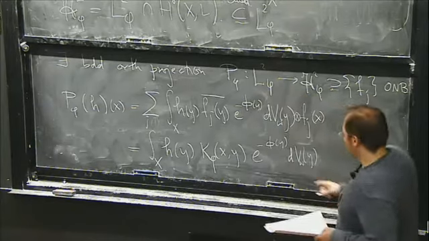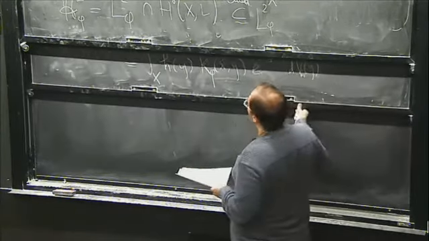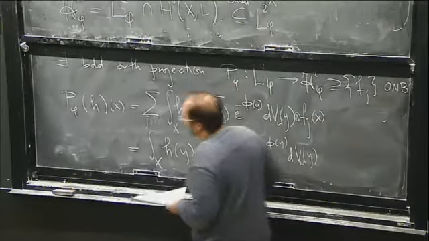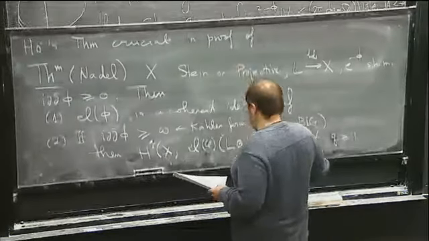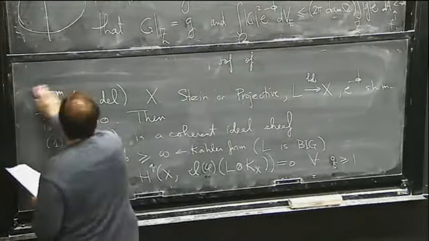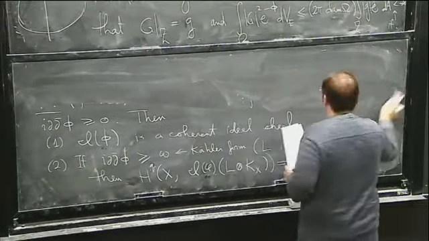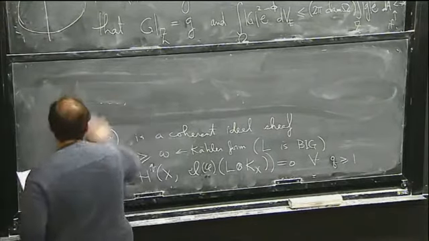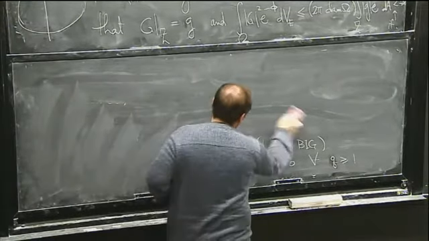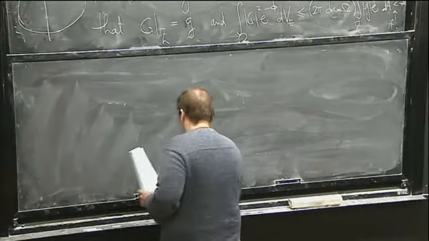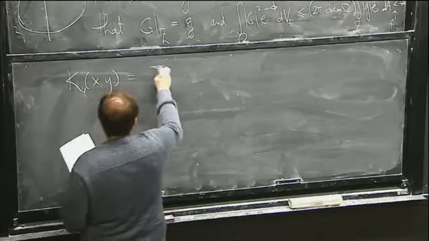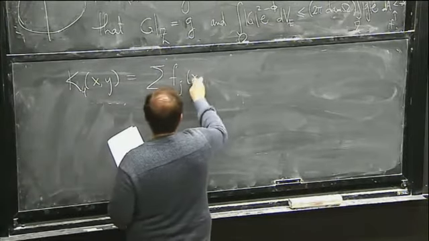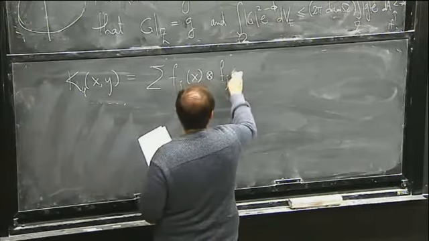And the formula for this k of x and y is just the sum over j of f j of x tensor f j of y bar.